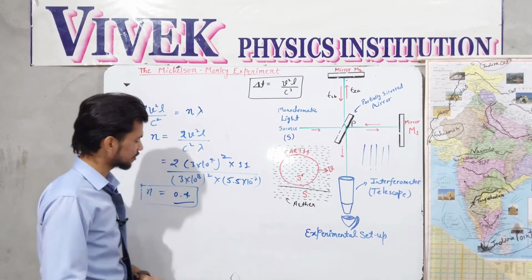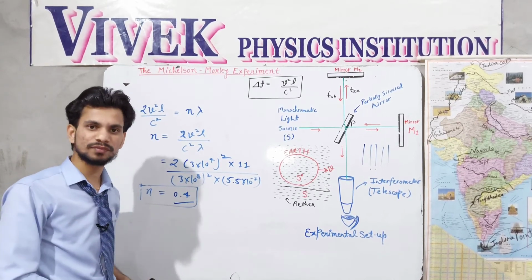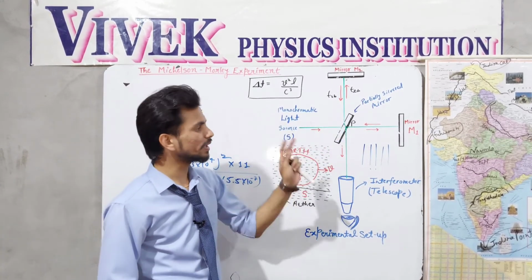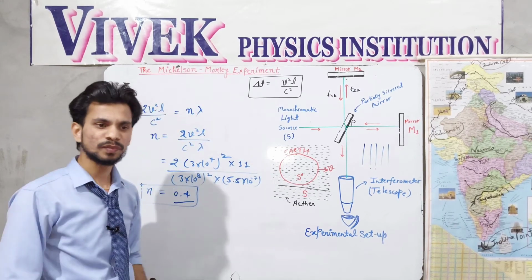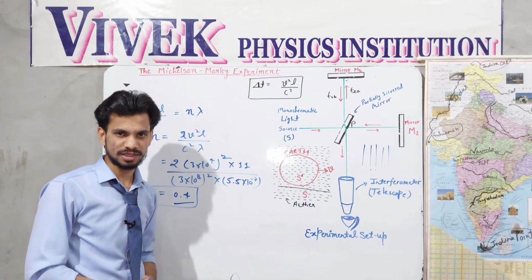Mathematically we expect a 0.4 fringe shift when we rotate the complete setup by 90 degrees, but in actuality we didn't get any fringe shift.